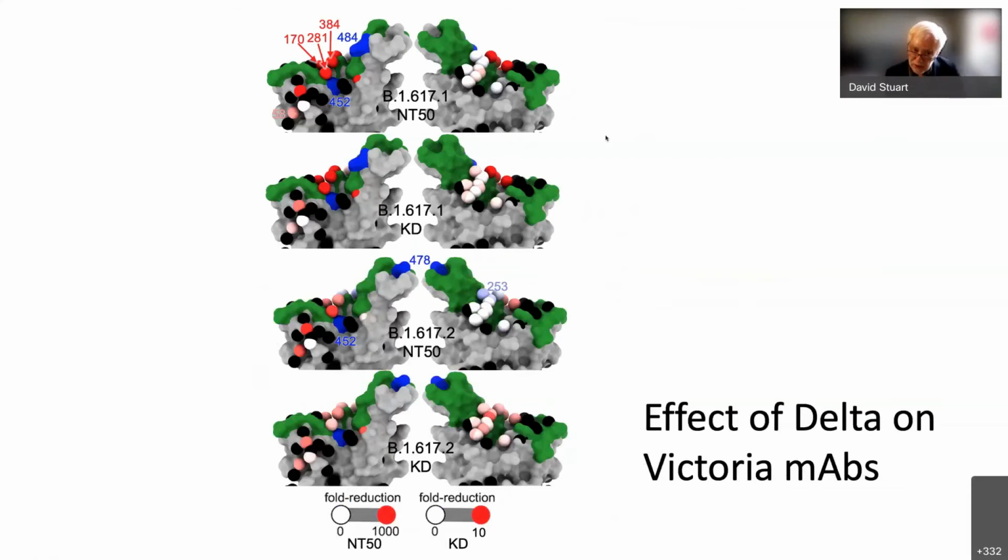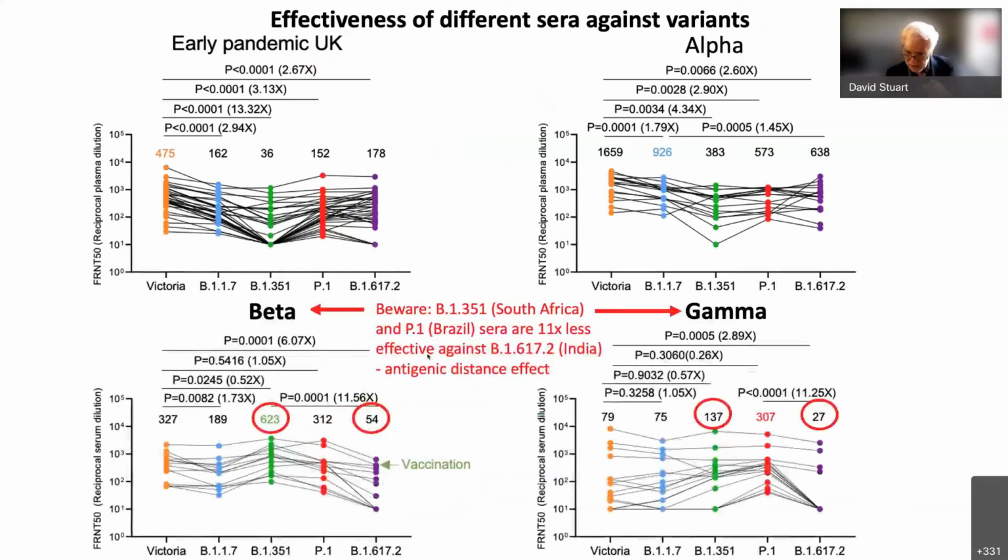And indeed, this is now showing the effect of the Delta mutations on the binding of our panel of representative pre-pandemic type virus antibody, early pandemic antibodies. Again, there are some antibodies that are seriously affected, but many of them are not so badly affected.